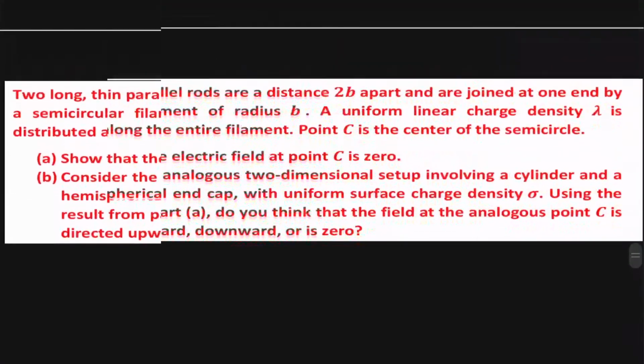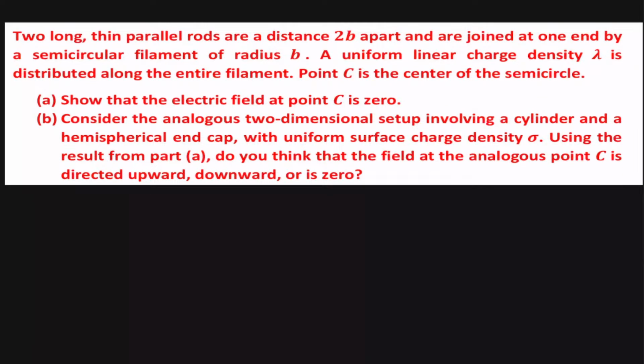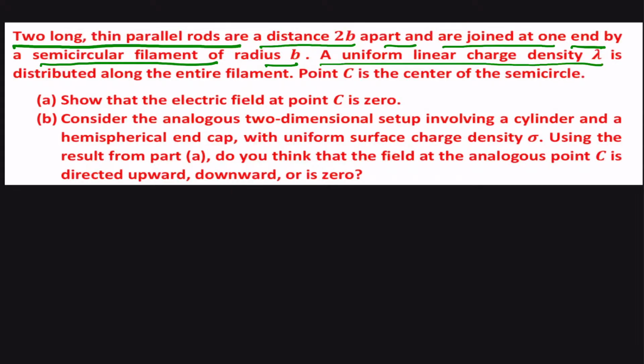And we come to the next question. In this question, it states that two long thin parallel rods are a distance 2b apart, are joined at one end by a semicircular filament of radius b. A uniform linear charge density lambda is distributed along the entire filament.